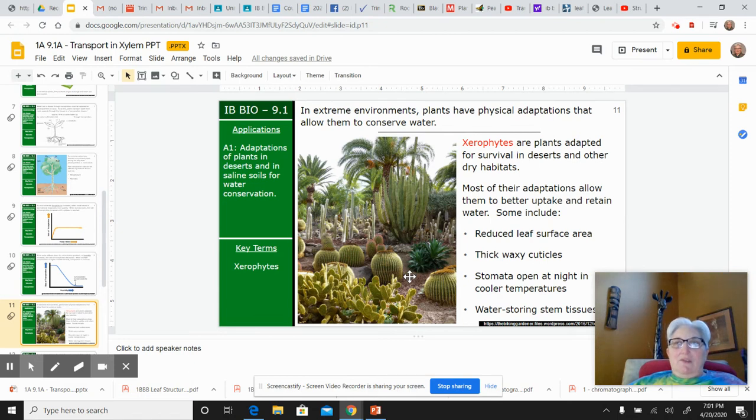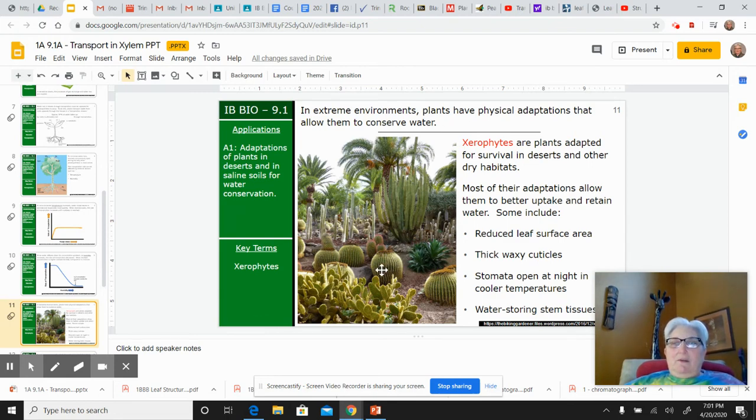So the larger the surface area, the more transpiration that's going to occur. And in a desert, of course, you don't want to have transpiration occurring. So we call these environments extreme environments. So the organisms that inhabit them are extremophiles.